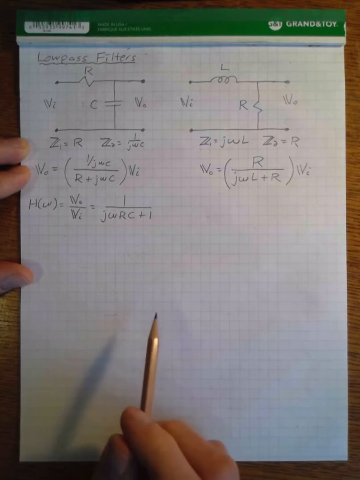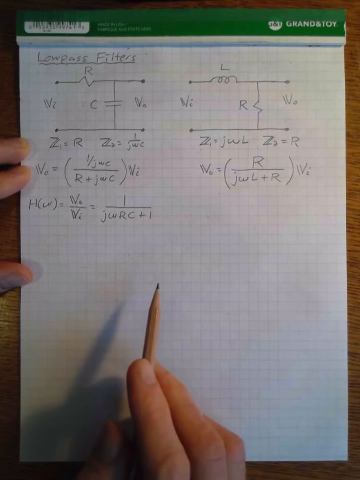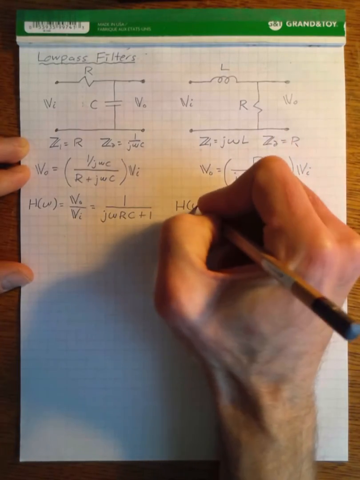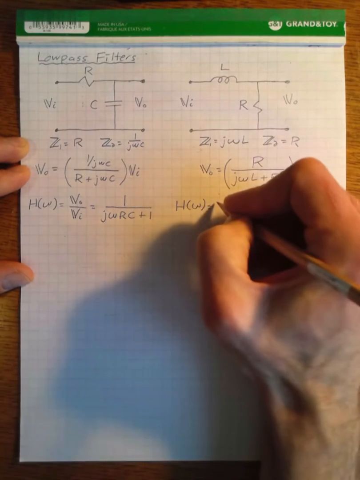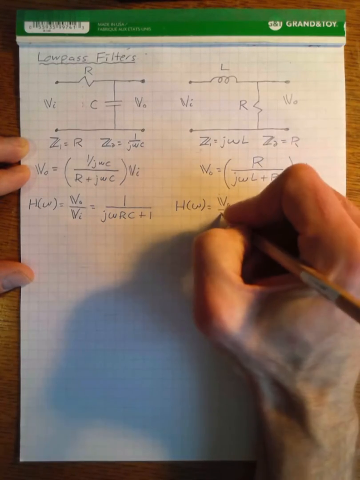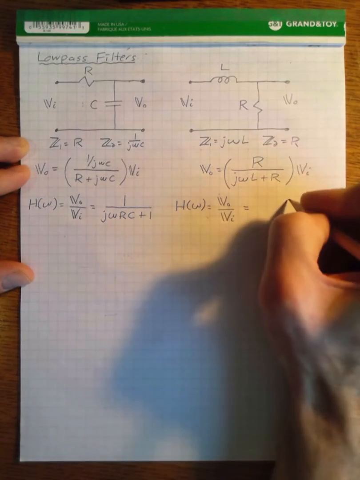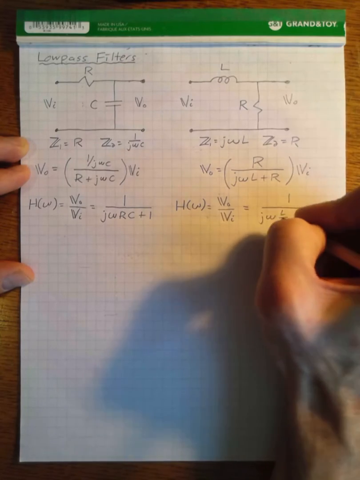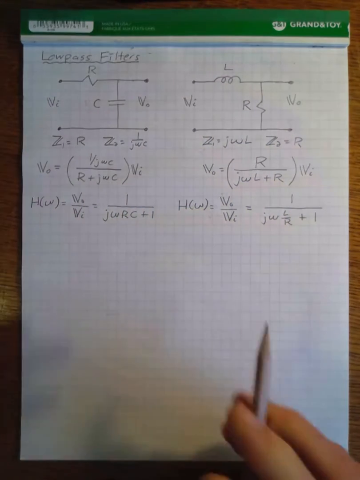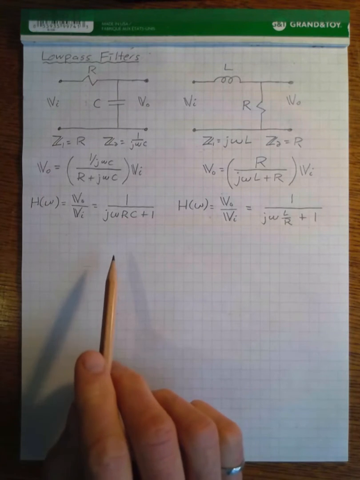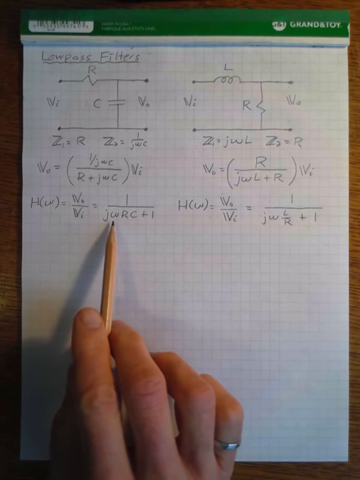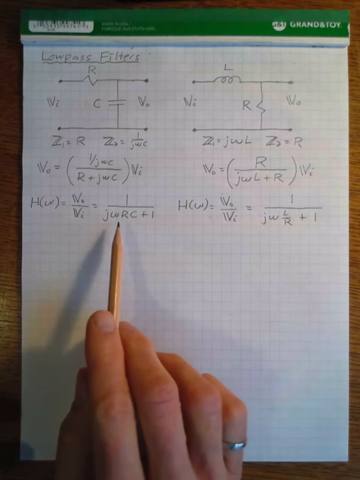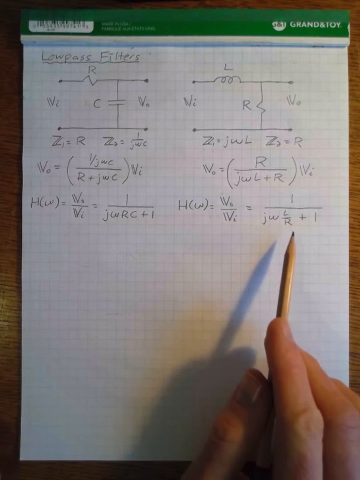And if I multiply the top and bottom by 1 over R and take the ratio of V out over V in, the transfer function over here is equal to 1 over j omega L over R plus 1. So both transfer functions have exactly the same form. We've got 1 on the top and a j omega term plus 1 on the bottom. The only thing that's different is this is R times C and this is L divided by R.